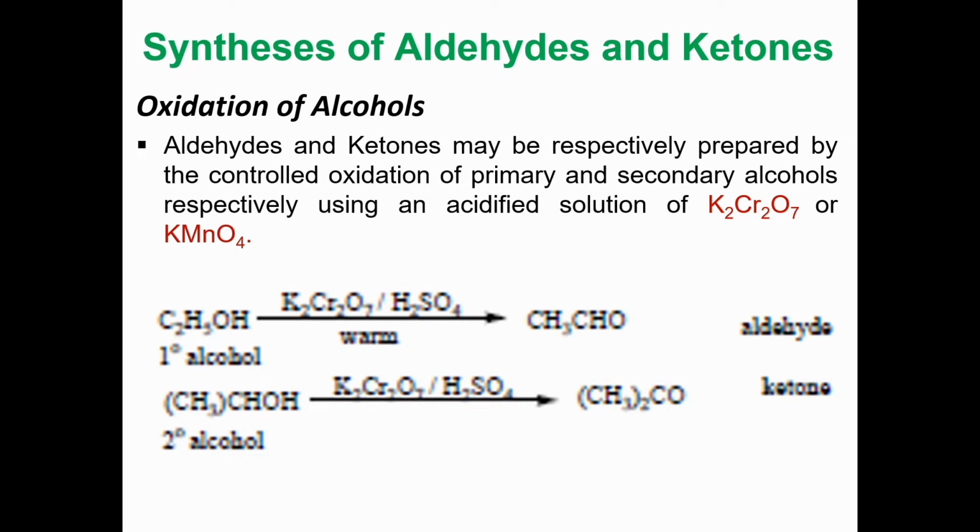So if you are in a CBT exam and you see oxidation of primary alcohol with acidified chromate or permanganate and there is an option of carboxylic acid, it is more appropriate. Except the question is, which of the following can be used in synthesis of aldehyde? Then oxidation of primary alcohol is correct.